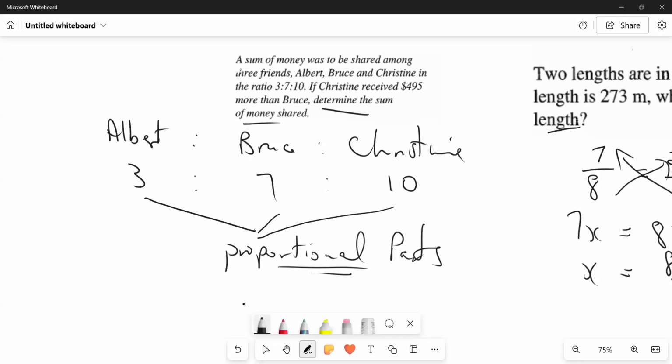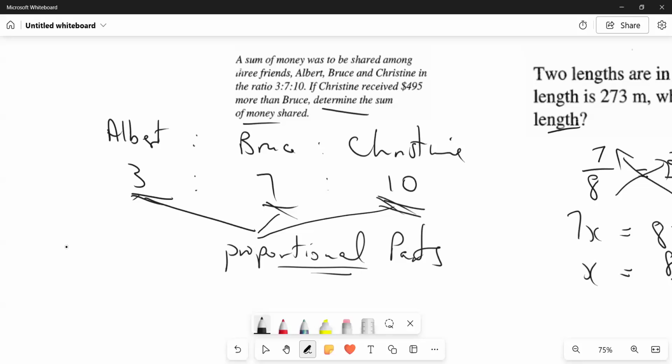So this money that was shared, 3 proportional parts was given to Albert, 7 proportional parts was given to Bruce, and Christine received 10 proportional parts. It is not to say that $3 was given to Albert or $7 was given to Bruce or $10. No. If you were to take the real sums that were given to the three of them, and you reduce the sums, you divide by a common divisor, or what you call the highest common factor, it will reduce those numbers to these 3 numbers, 3, 7, and 10, right?